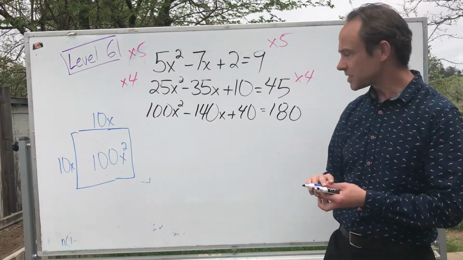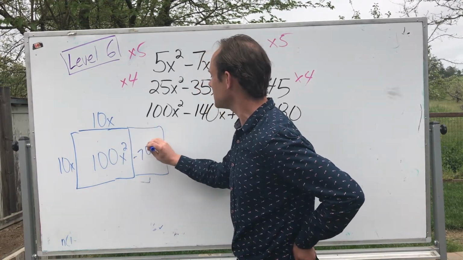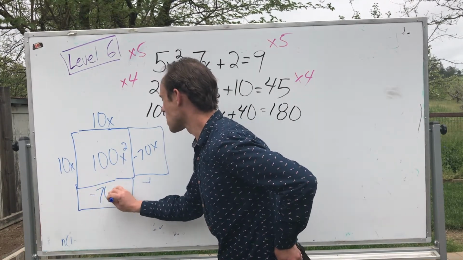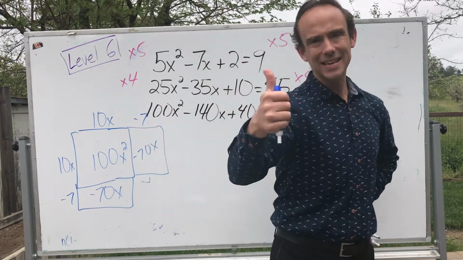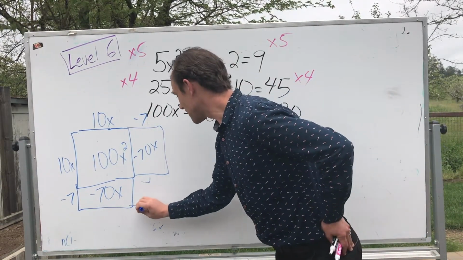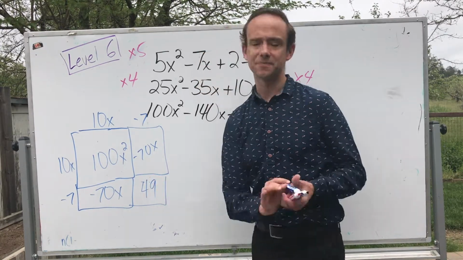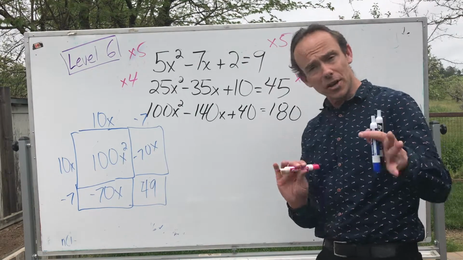All right, so we are minus 140. So let's break it into minus 70 and minus 70. So minus 7. Excellent. And then we've got our final area here at positive 49. All right, well, we need this whole thing to come together. Not to worry.